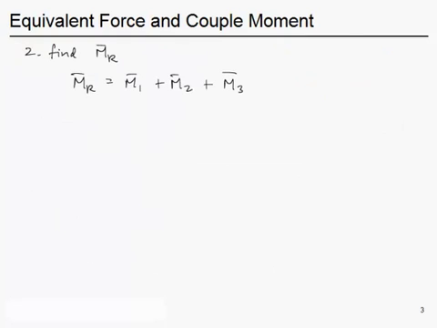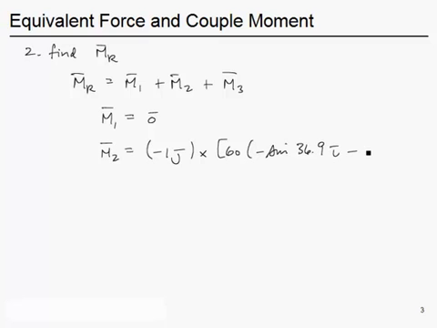All right, so let's go back out here and start writing what these r's are going to be. We just decided that r1 was equal to 0, so that means that M1 is equal to 0. M2 is going to be r2 crossed with F2, and r2, according to the figure, is minus 1 in the j direction, and that's going to be crossed with F2, which is 60 times minus sine of 36.9 in the i, minus the cosine of 36.9 in the j.